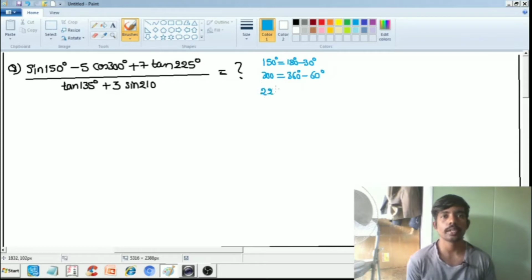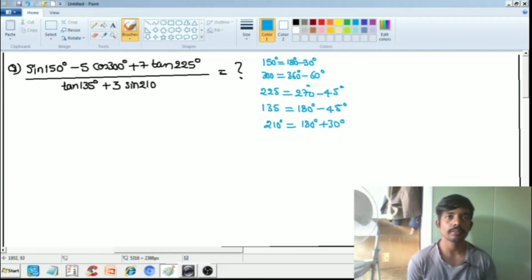Here 225 can be written as 270 minus 45 degrees. Next 135 can be written as 180 minus 45 degrees. 210 degrees can be written as 180 plus 30 degrees. So just apply these angles here in place of those, substitute.